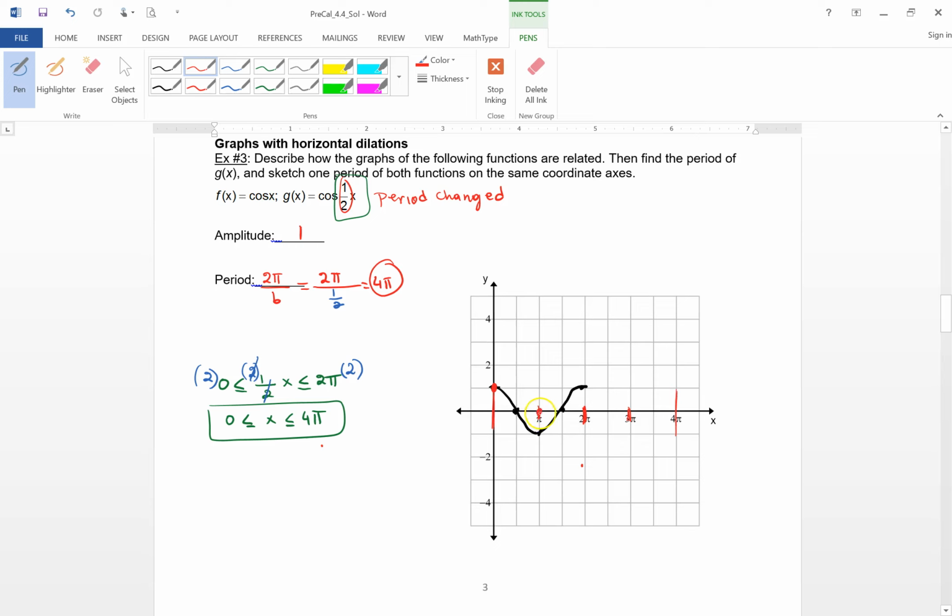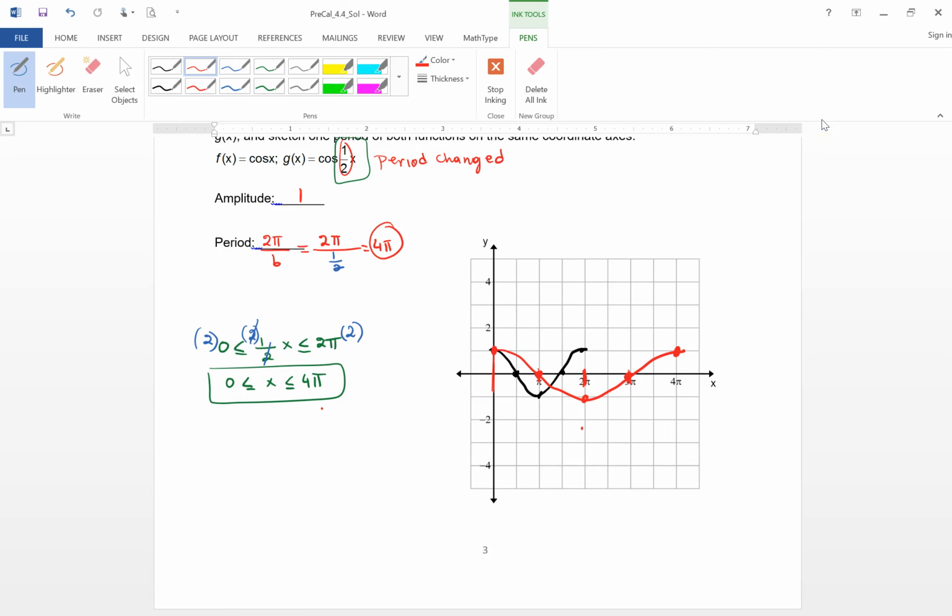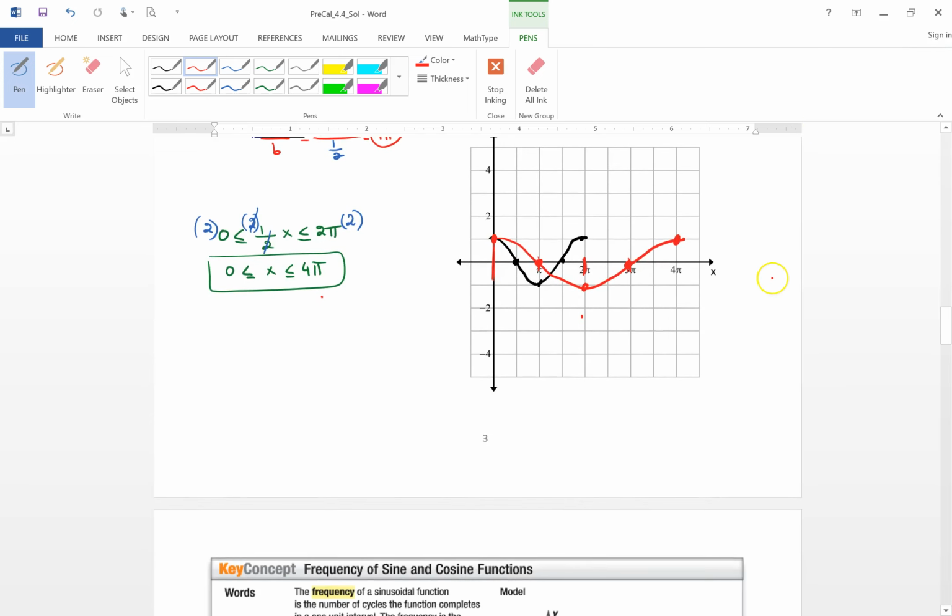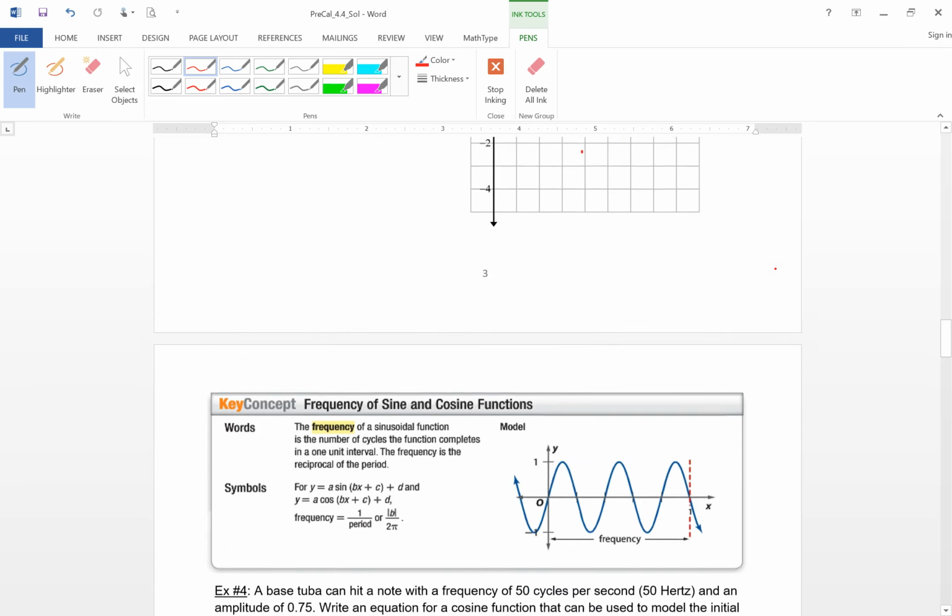We go to 0, negative 1, 0, positive 1. Okay? So here's what this looks like. You see that? It's a much longer wave, twice as long. All right? So that's how we graph. Are you guys seeing the point here? Okay.